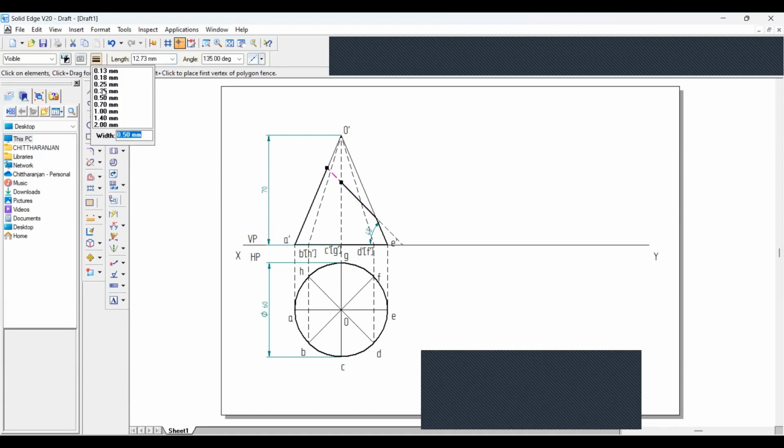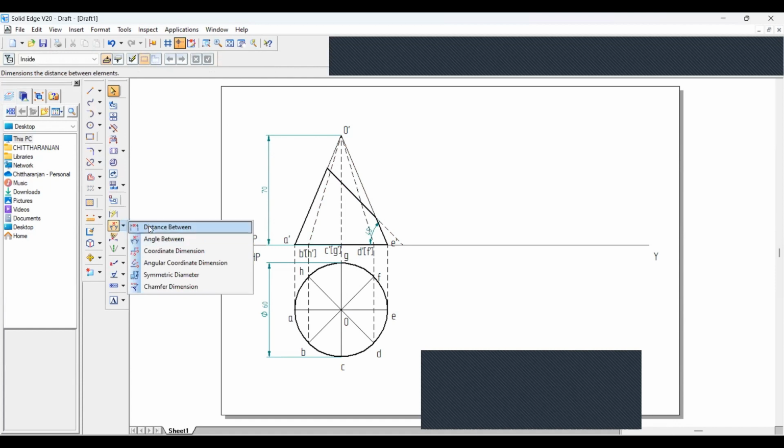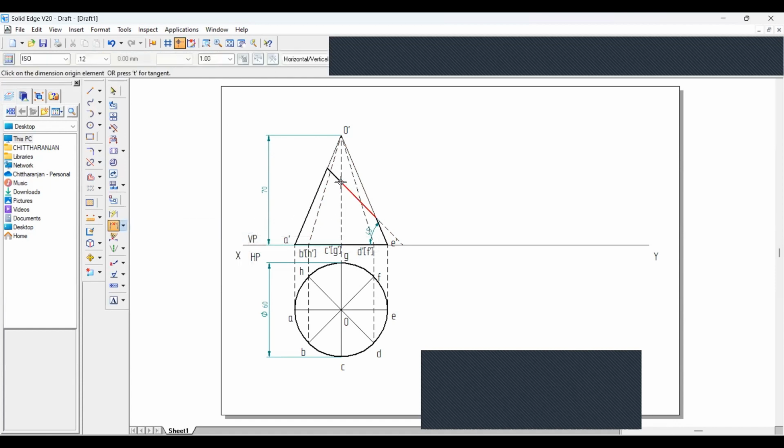And this is 0.50 with a continuous line. Now check the distance between this point and this point. 40. Now we made a cut cone.